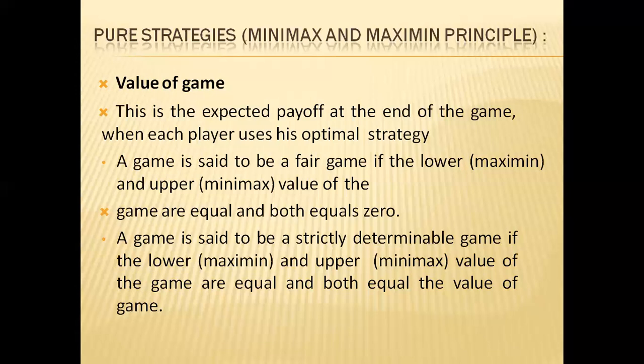At that particular time, both the efficiencies that we will be calling in game theory a strategy, both the efficiency values are almost similar in both the conditions. The minimax is nothing but the upper case, and the maximin condition is the lower case.